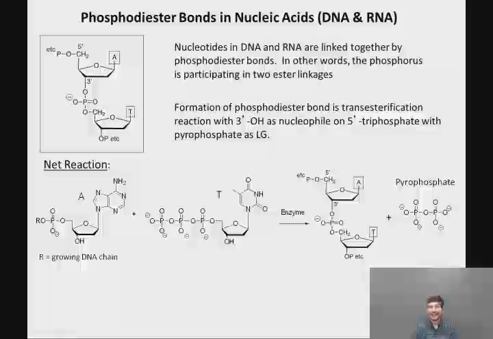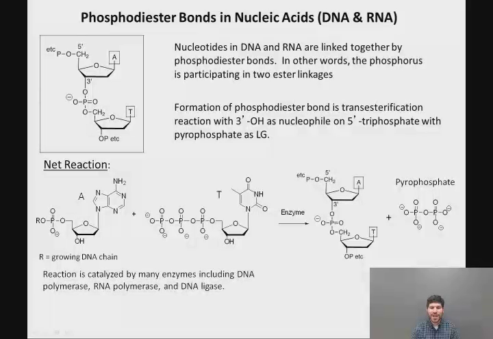Okay, before we look at the mechanism, I want to go over a couple of notes about this. First of all, this reaction does not take place spontaneously. It requires enzymatic catalysis, and there are many enzymes that catalyze this reaction. So if you're trying to make a DNA chain, it could be catalyzed by DNA polymerase.